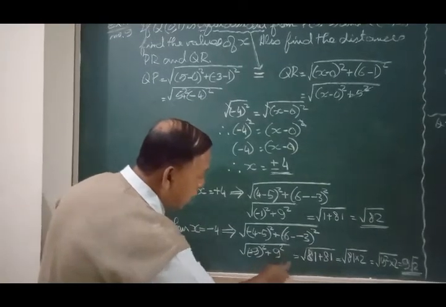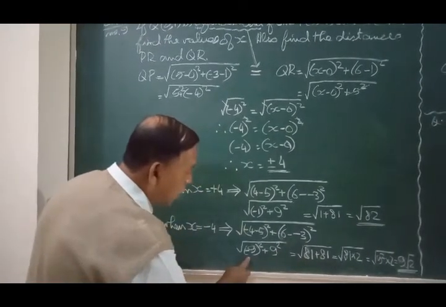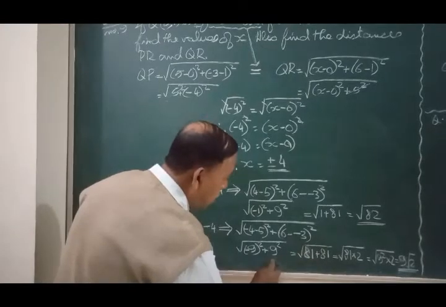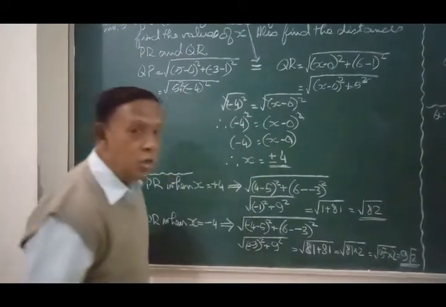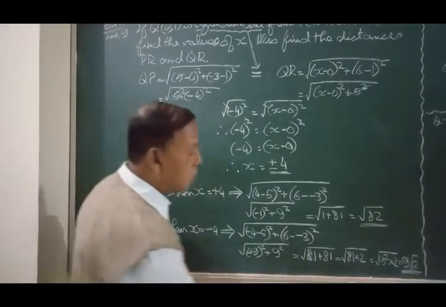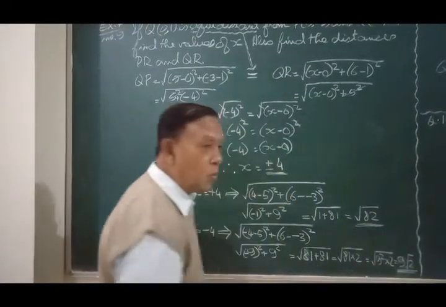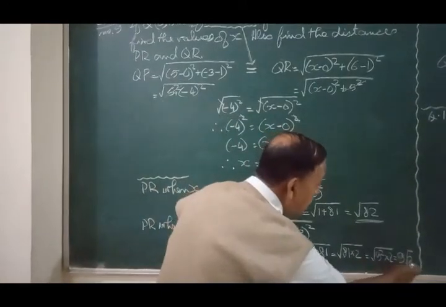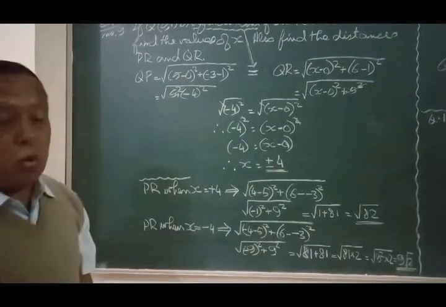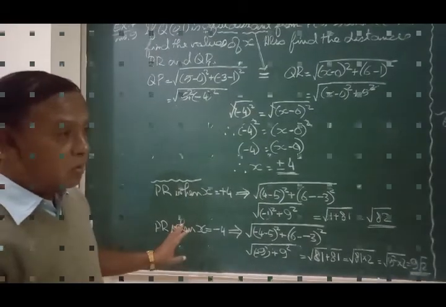So -9 squared is 81, and 9 into 9, 81. Double 81 is the same as 81 into 2, which is the same as 9 squared into 2. Since there is a root, we take it out, and therefore 9 into square root 2. That is the second part.